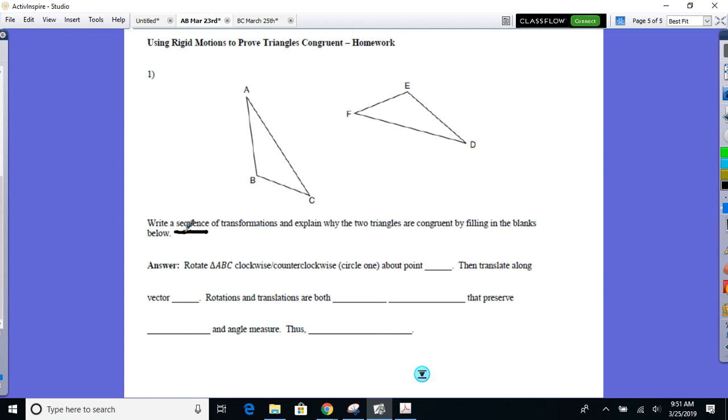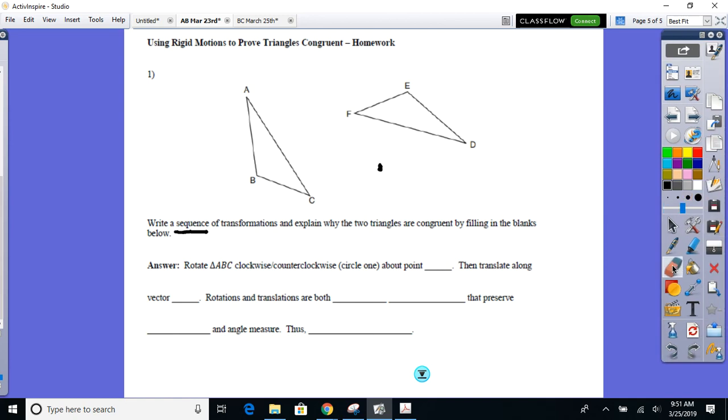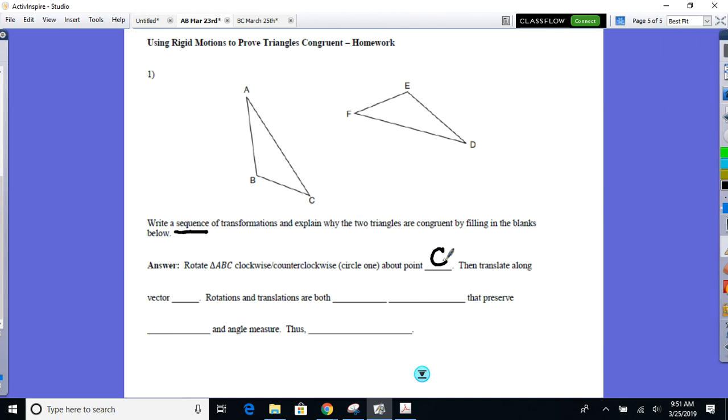One of the vertices: C, B, A. You can't just put a random point and call it point Z. It's got to be somewhere on here already. So we'll rotate it around point C.